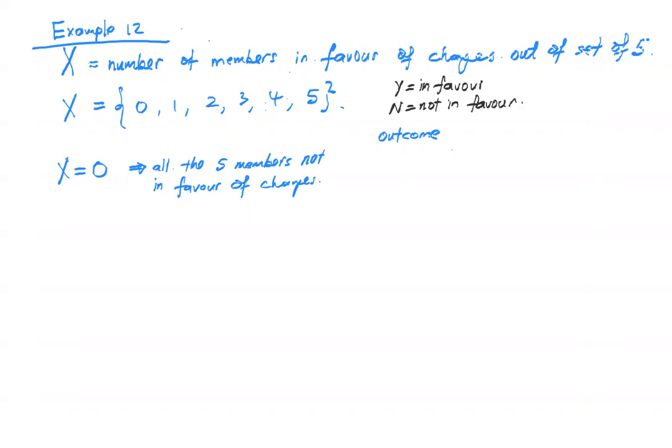So how will I do? The outcome will be the first one not in favor, the second one also not in favor, and the third one also, and the fourth one also, and the fifth one also. Am I right? So I have only one outcome. Am I right? So what is the probability of this outcome?